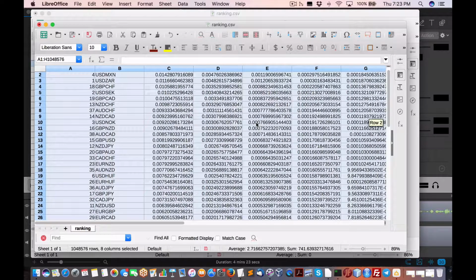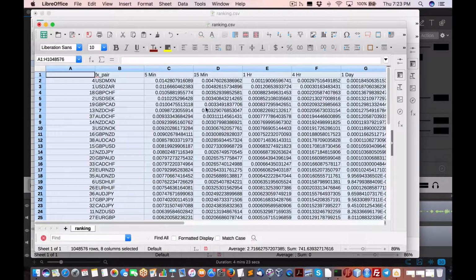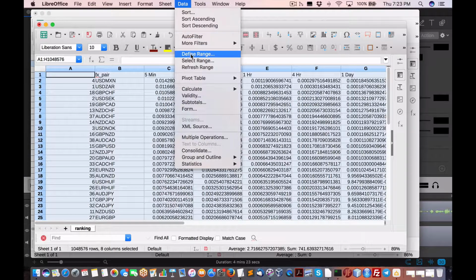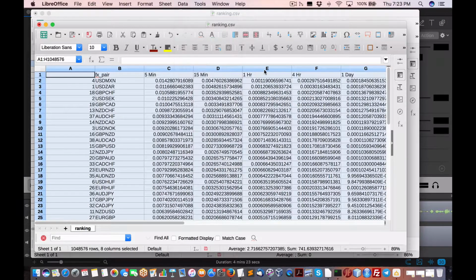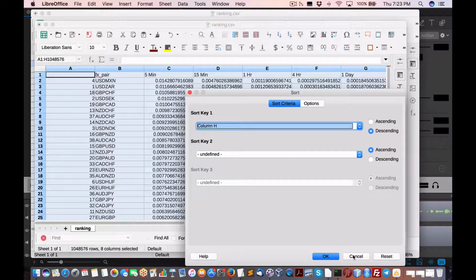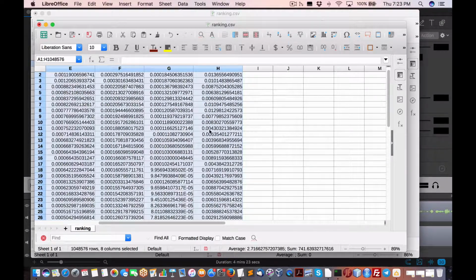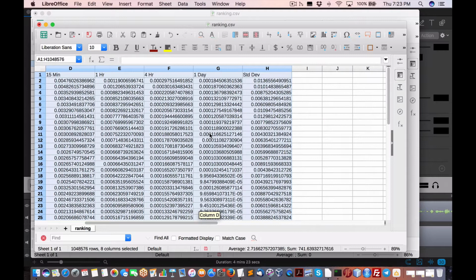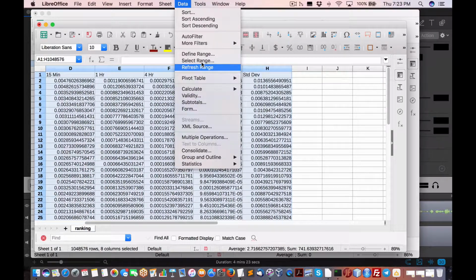All we're doing is changing the calculations on the period of that calculation. This is what I found, and this is for October 7th. Let's first sort by the standard deviation, which I believe is column H. Let me check if that's the case. Okay, yes, we are looking at column H.